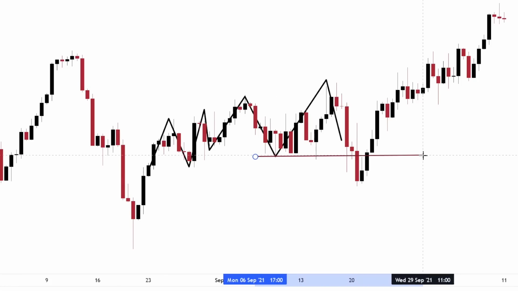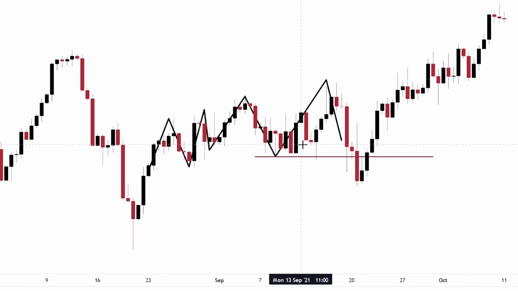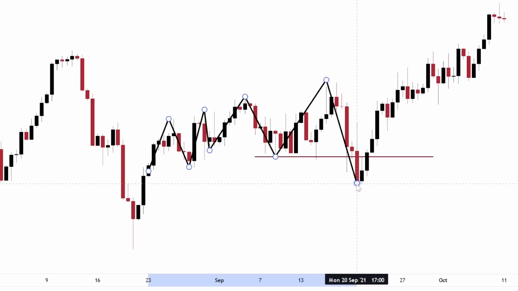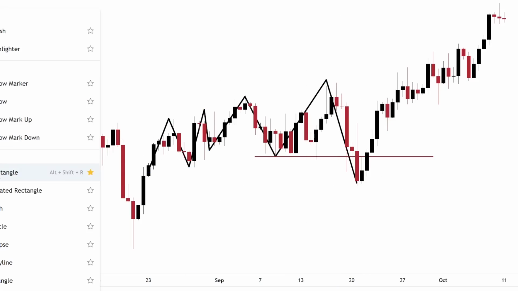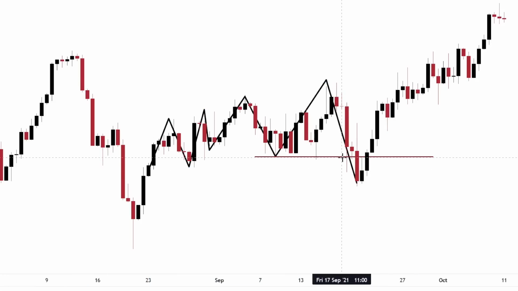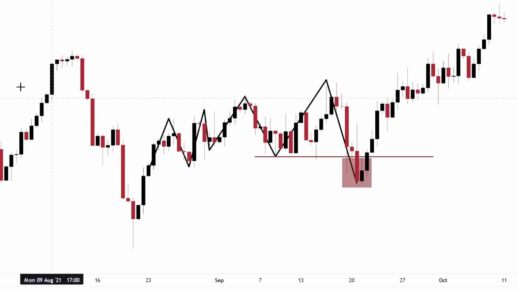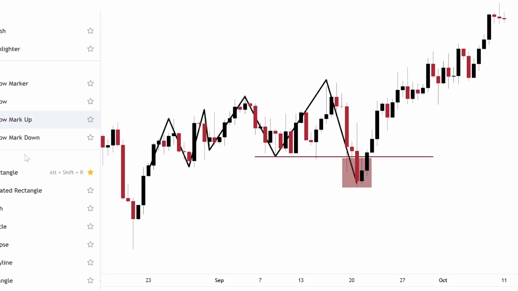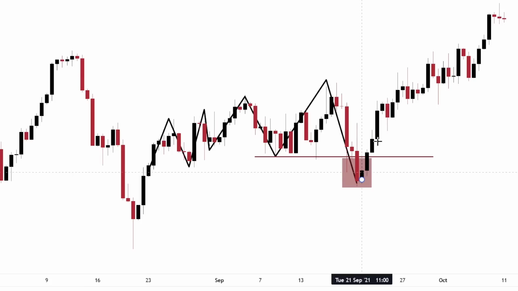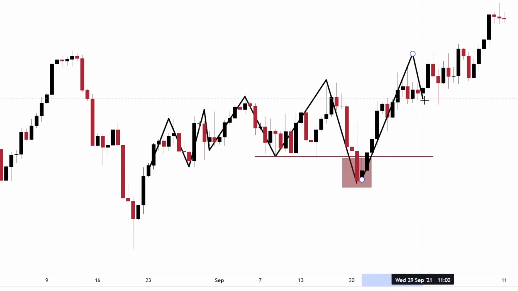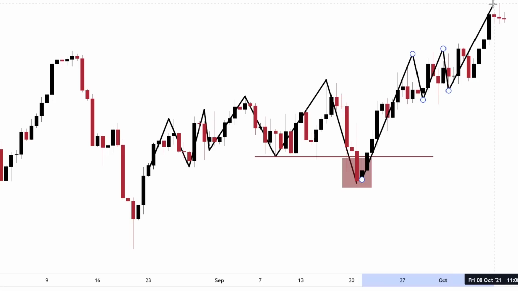Price comes down instead of making another higher low. Price comes down and makes a lower low. What is the purpose of this lower low? This is the trap to trap out all the sellers. This would be your liquidity grab, trapping all the sellers before continuing the bullish trend.